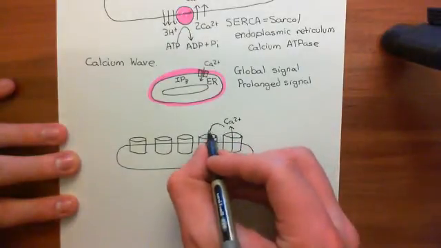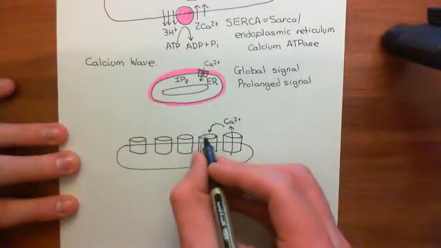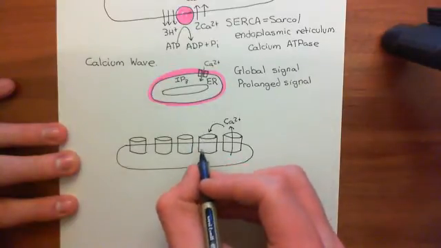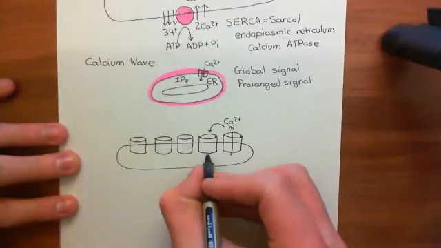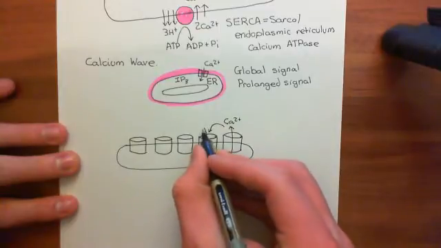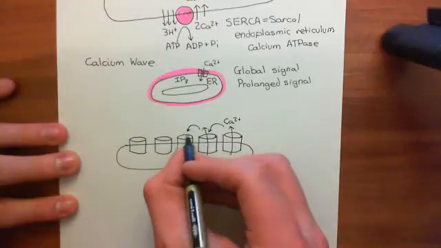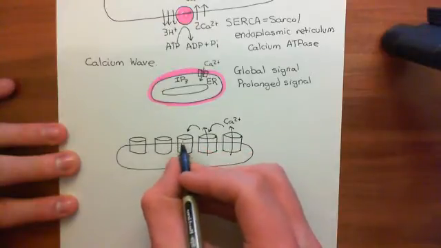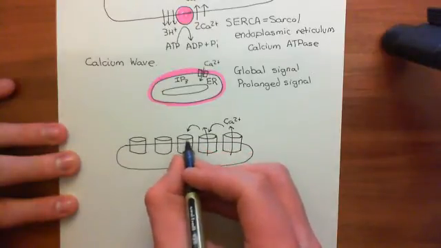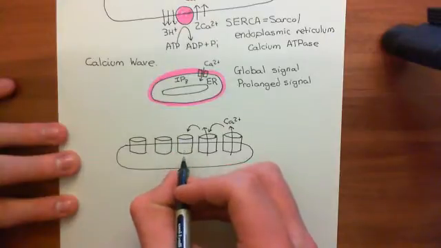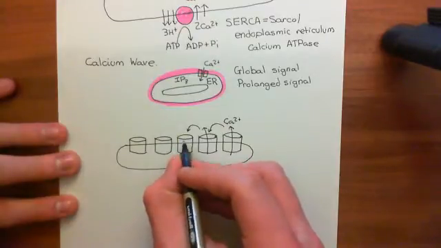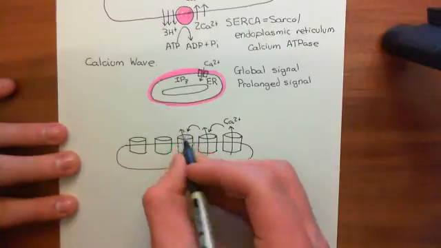The calcium will then overflow onto its neighbour. The calcium ions will activate this IP3 primed IP3 receptor, so it will now release calcium. Calcium from it will overflow onto its neighbour, and these will bind to those stimulatory calcium binding sites, and it will open and release calcium.